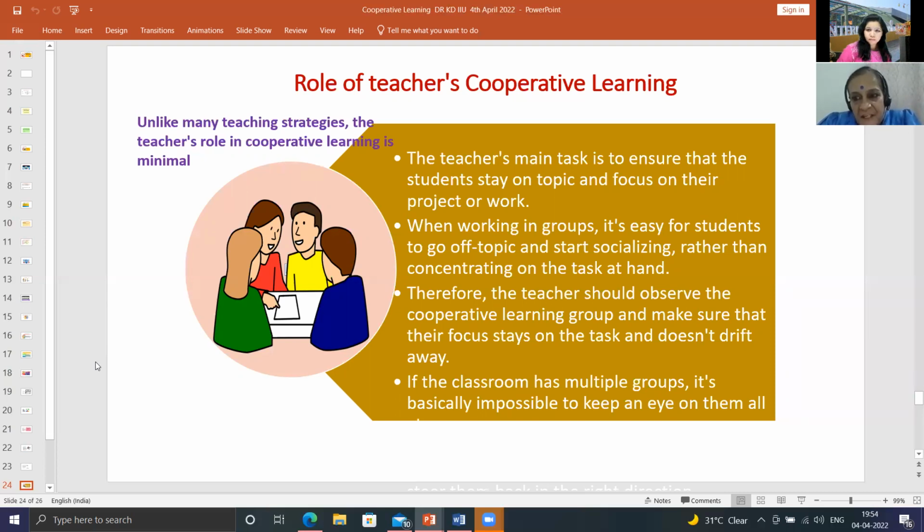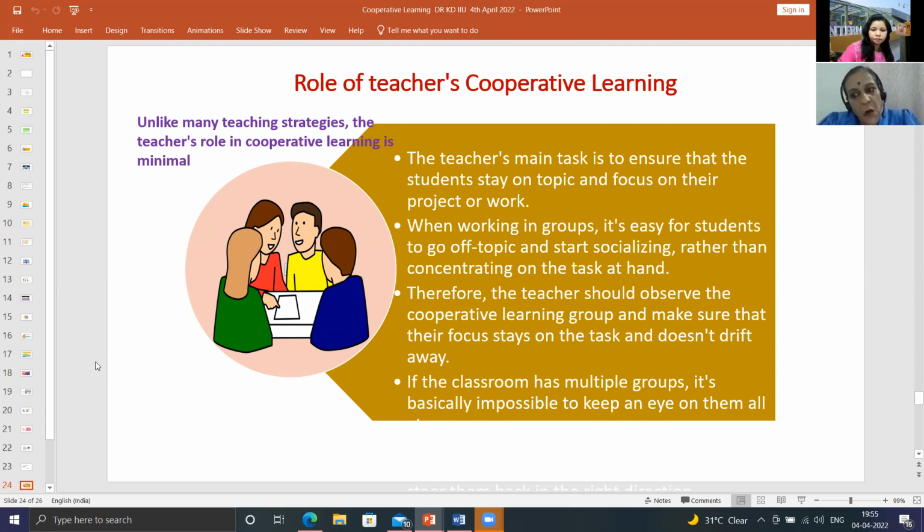So the teacher is here only a facilitator. She can interrupt the group if students are moving outside the activity, creating some nuisance, becoming undisciplined, making noise, or not finding any solution and fighting or arguing with each other. Then only the teacher can interrupt.